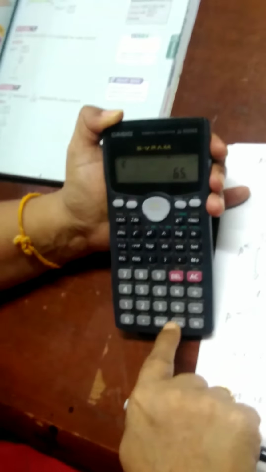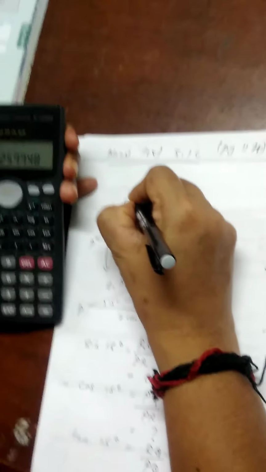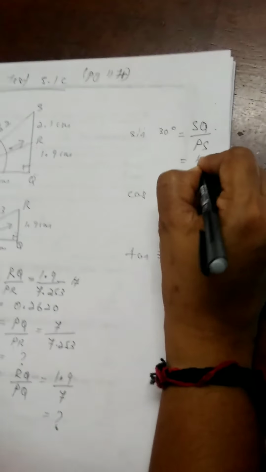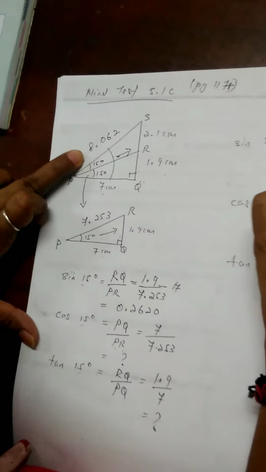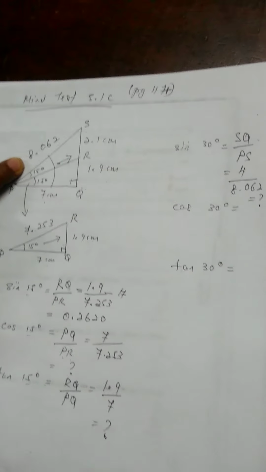And we'll actually get 8.062. Okay, so that means for SQ is 4 over 8.062. So you can actually use your calculator to get the answer.